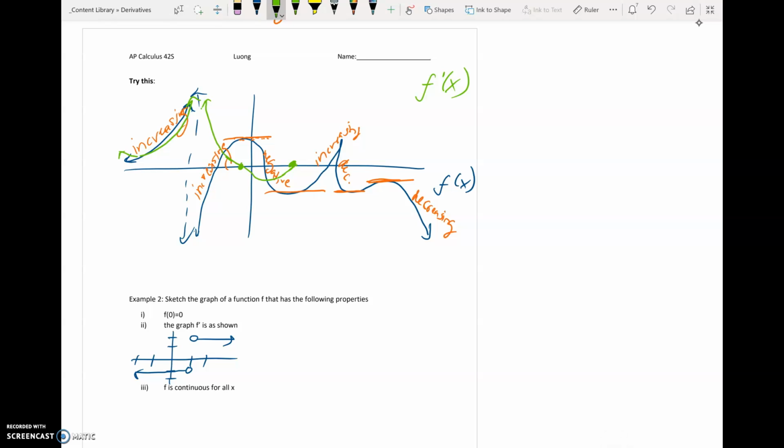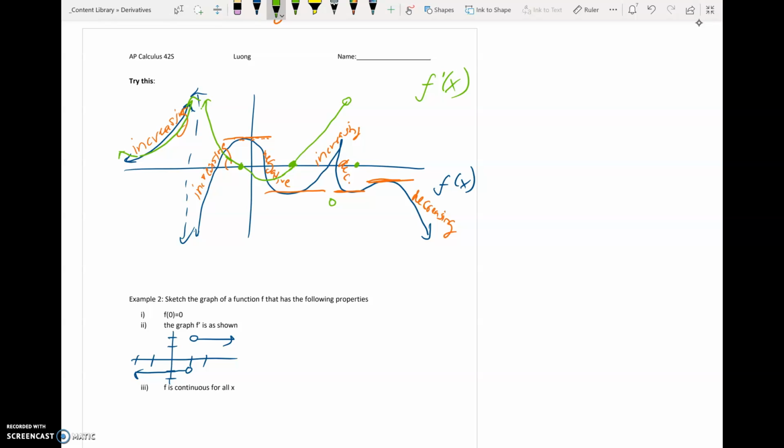Now we're increasing, and this creates a hole because it's a cusp. And we're increasing, so we have a positive slope, positive numbers. Then I'm going to jump down, it has to be decreasing. And I'm just going to write another hole here because of our cusp.